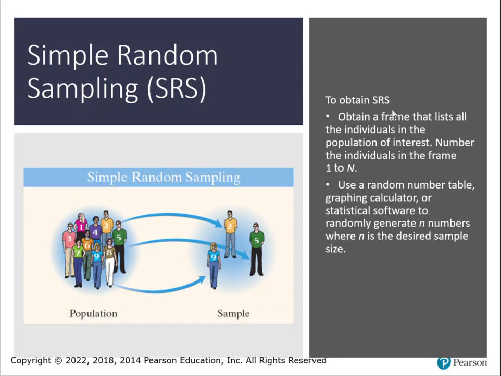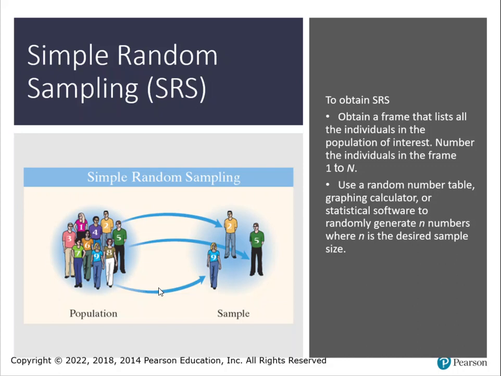Now, according to our guidelines over here for this simple random sample, we're supposed to obtain a frame. And the frame is really just a list of those individuals. So for example, here on my screen, if my population is given here, and you can see that I have 9 people in the population, the frame would be those numbers 1 through 9. If I had a list of names, let's say for our class, and I put them in alphabetical order and numbered them from 1 to 25, that's going to be considered the frame.